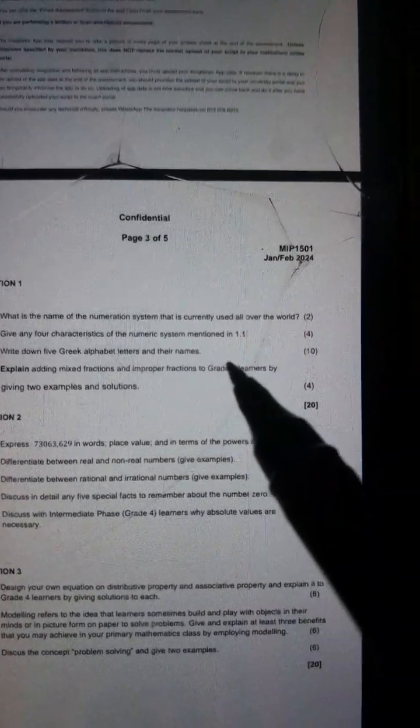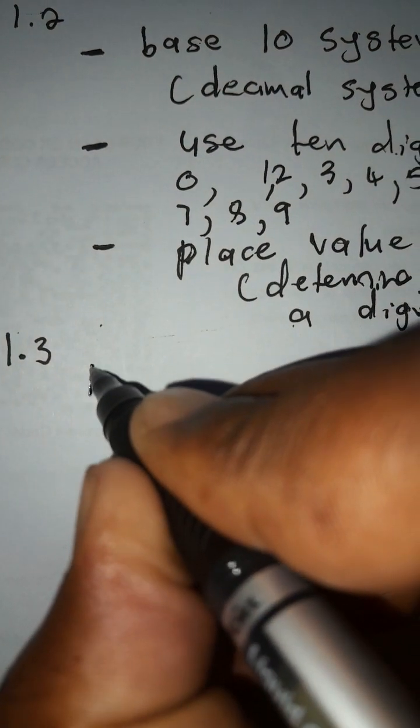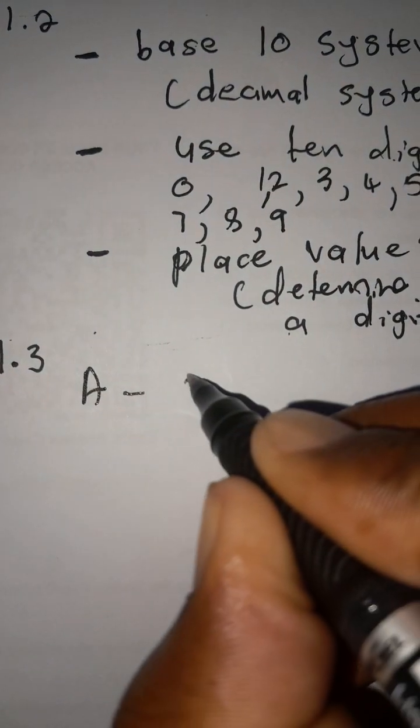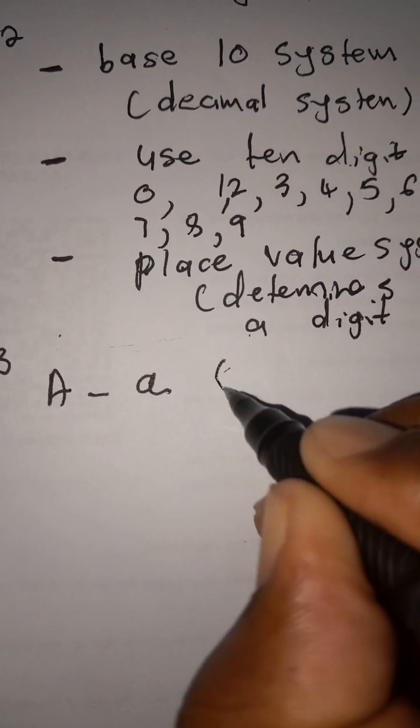Well, for 1.3, they said write down 5 Greek alphabet letters and their names. The first one will be alpha. The symbol is like this.